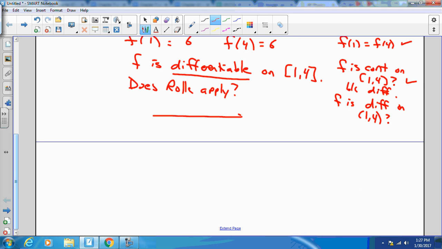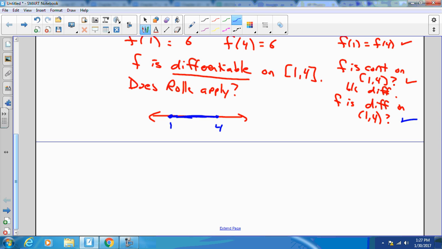If we consider the set that we're talking about, what we know is that f is differentiable for every value from 1 to 4, including 1 and 4. Does that include the open interval, 1 to 4? It does.